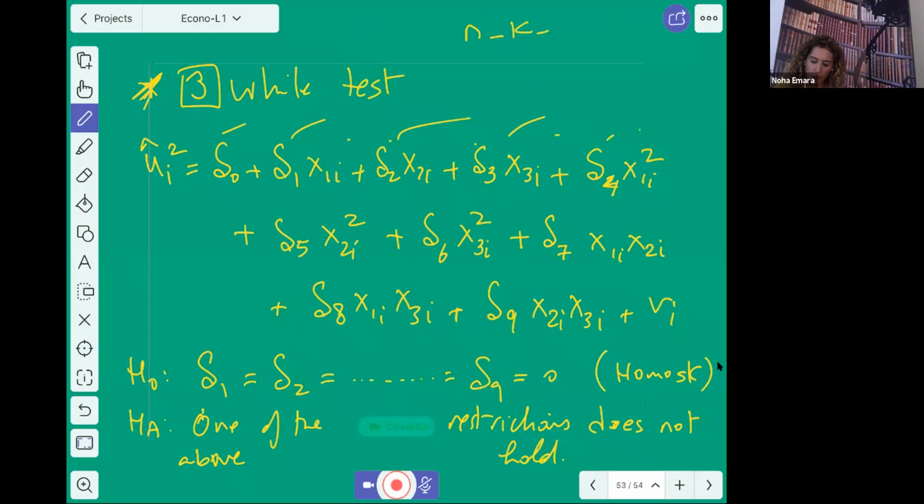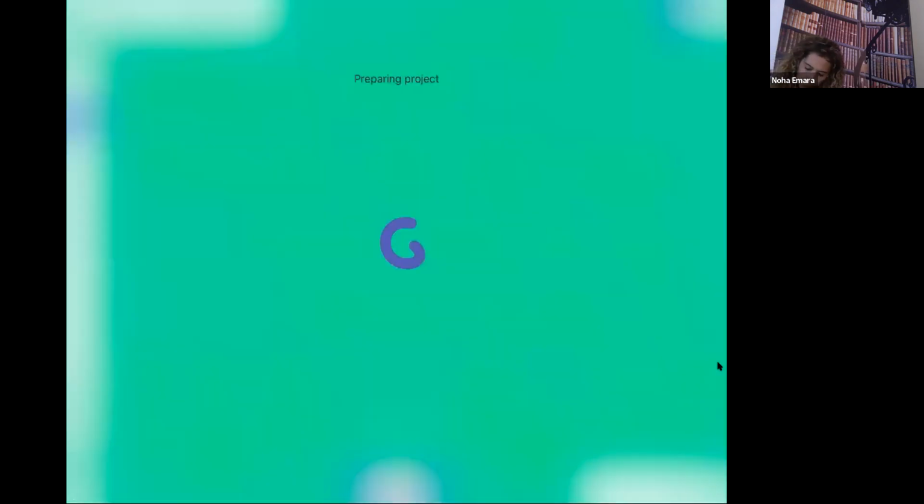The more x's I have, the higher the k, the fewer the degrees of freedom and the less the accuracy in the model, especially if you have a small sample size. So the alternative White test would be, okay, let's combine these into their y-hats. So it would be like this.